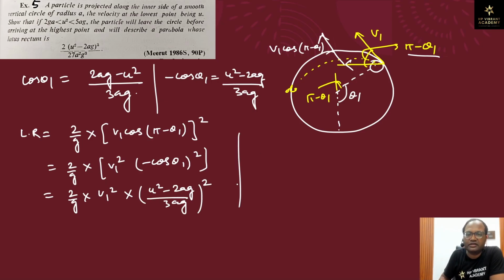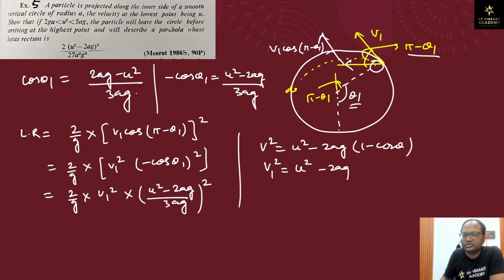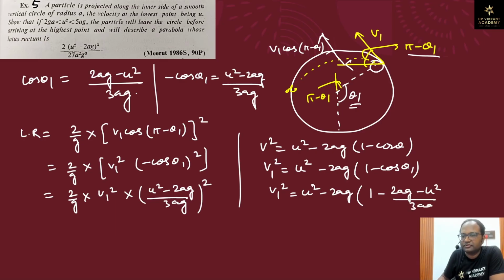So let us find the value of velocity at an angle of theta 1. The velocity is given by v square is equal to u square minus 2ag(1 minus cos theta). So at theta equal to theta 1, v1 square is equal to u square minus 2ag(1 minus cos theta 1), where 1 minus cos theta 1 is (u square plus ag) upon 3ag.